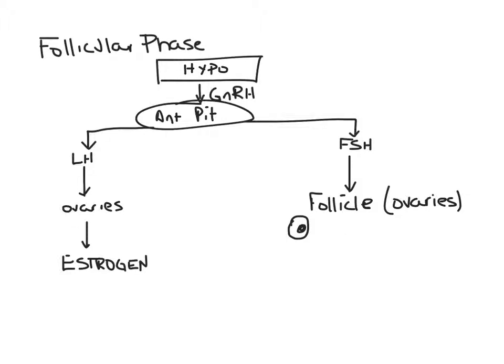And so FSH is telling the follicle it's going to start maturing the egg. So the next sort of 13 days, estrogen is now being produced.